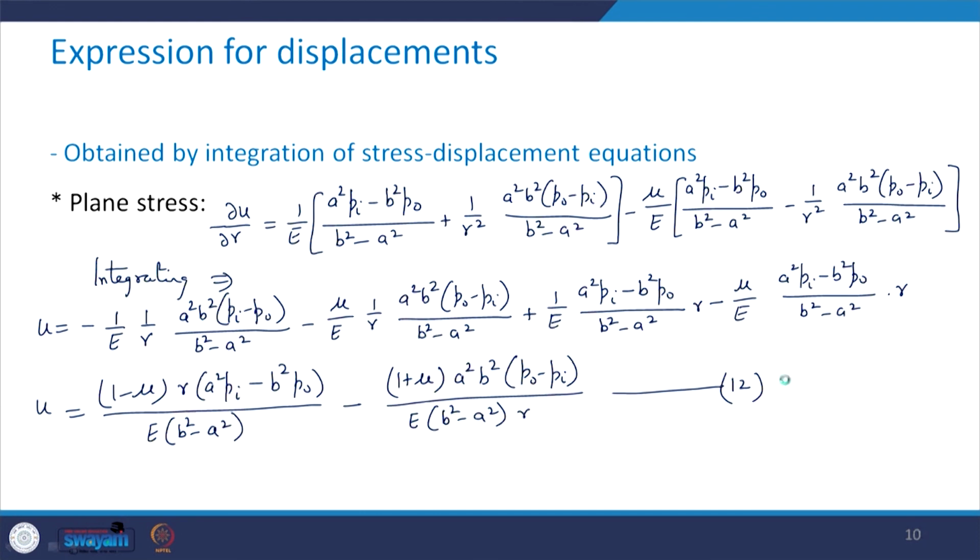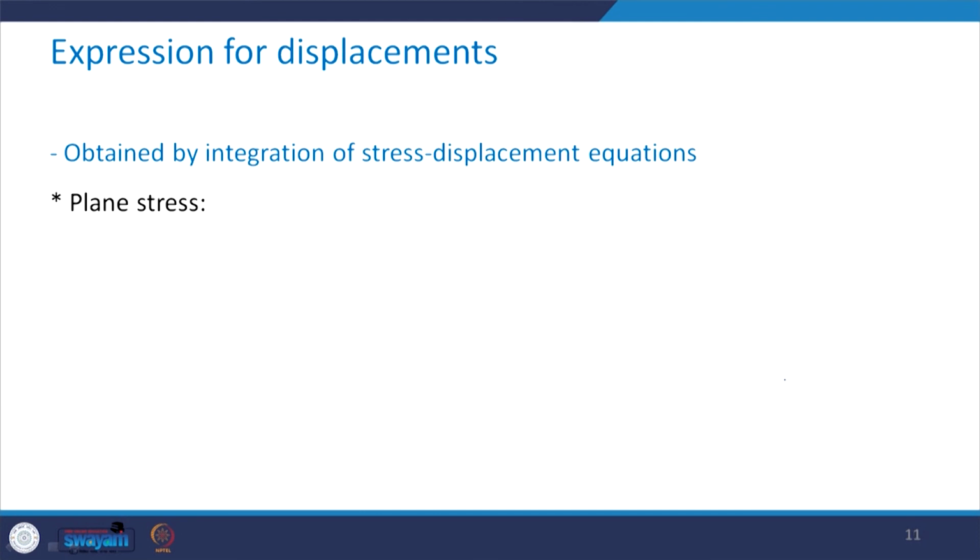Now, what is the situation when we have the critical condition? For the critical condition, pi has to be equal to 0. So, just substitute this value of pi into equation number 12.